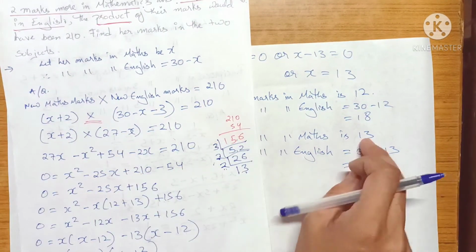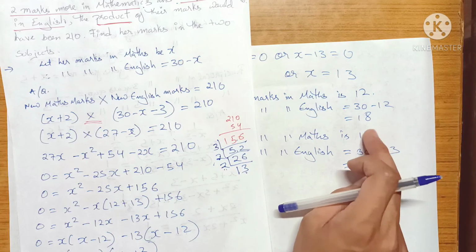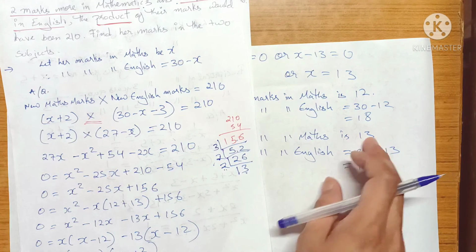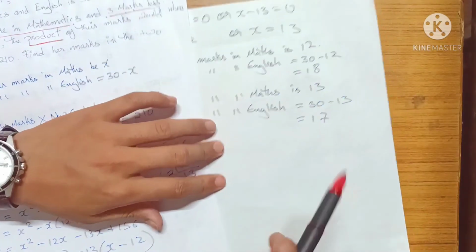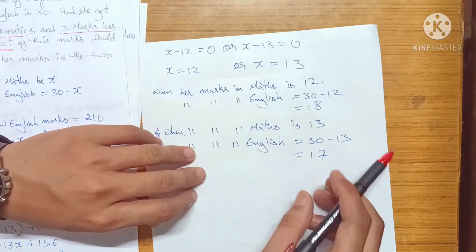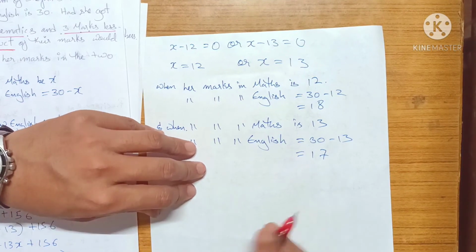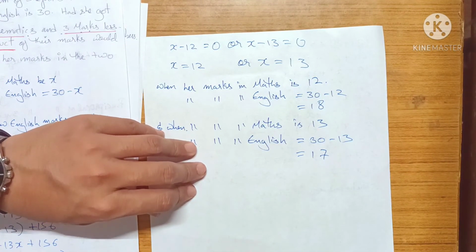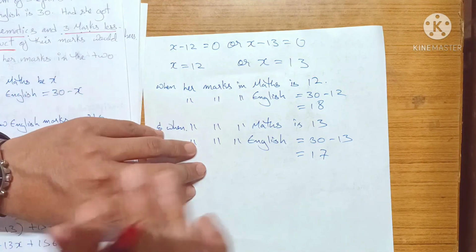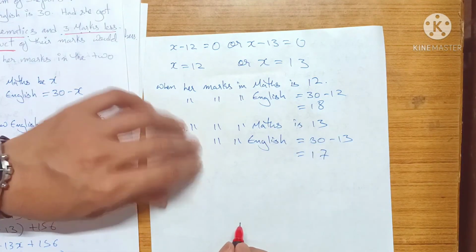Same case here. Some of the students over the years have asked me, how can she get two different marks in maths? The condition is incomplete. That's why we're getting it like this.